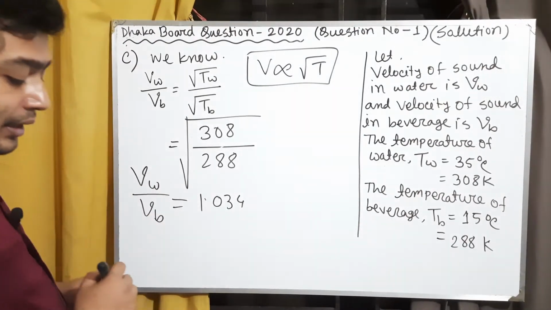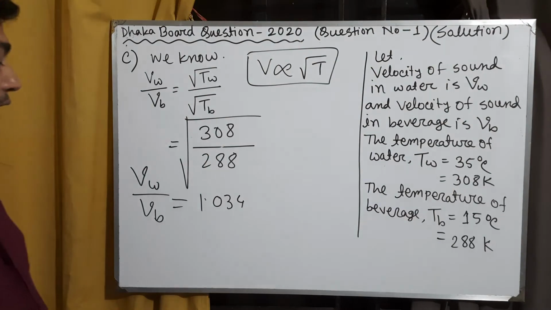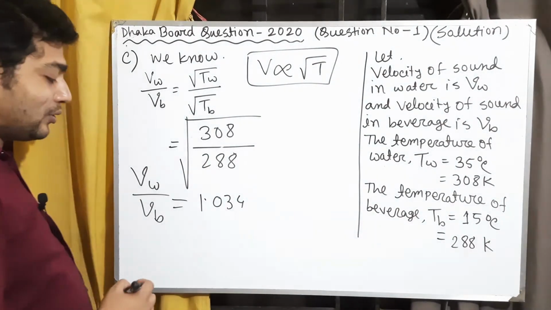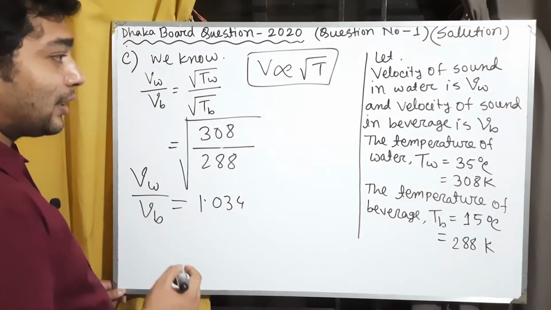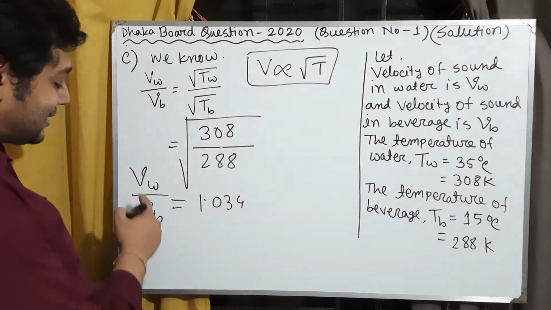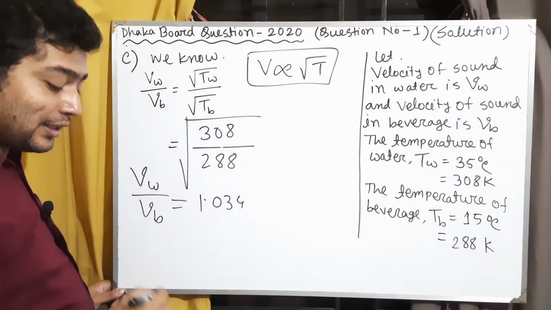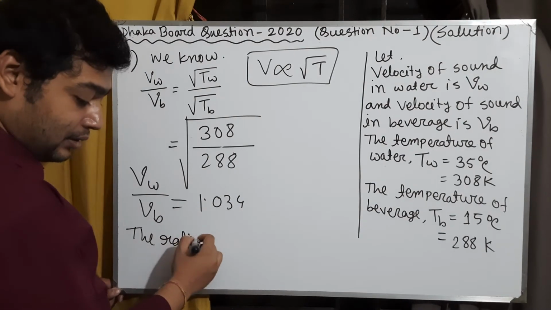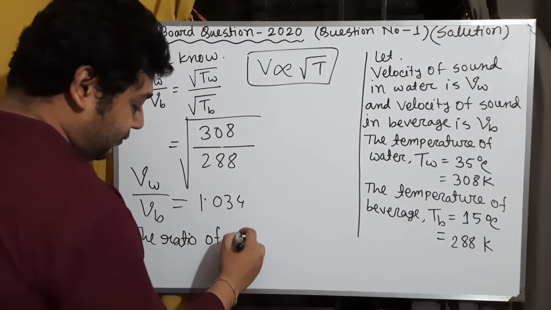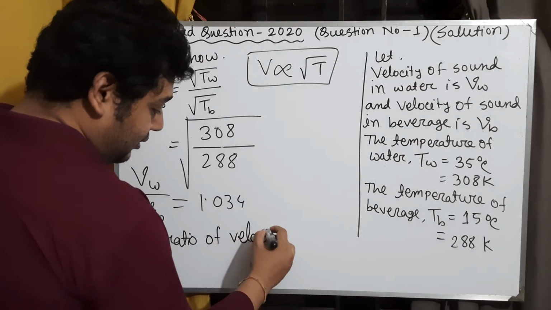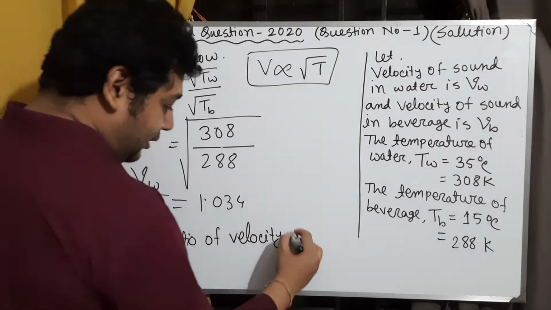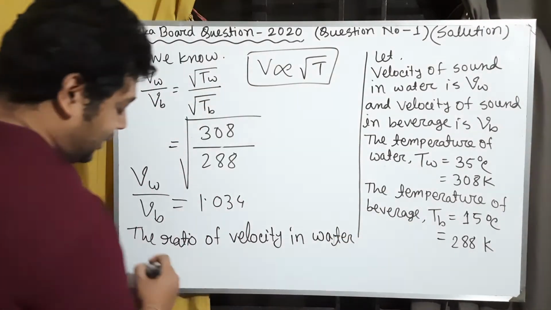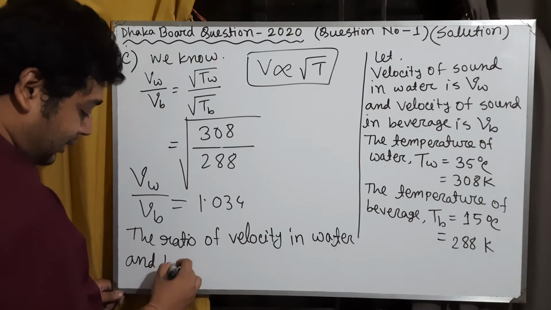Then the ratio of velocity of sound in water and beverage is 1.034.